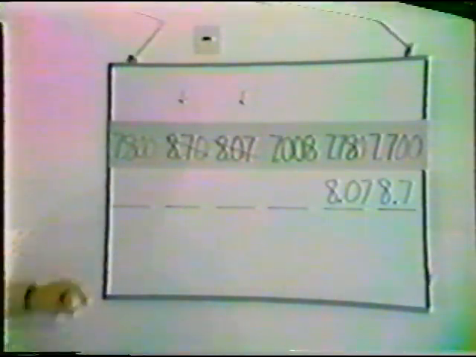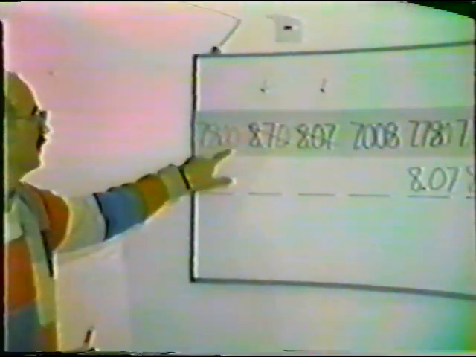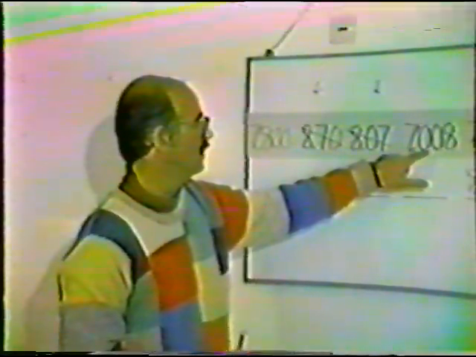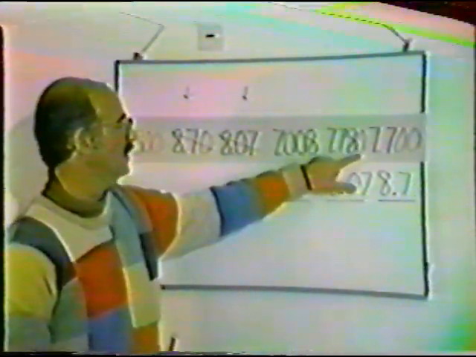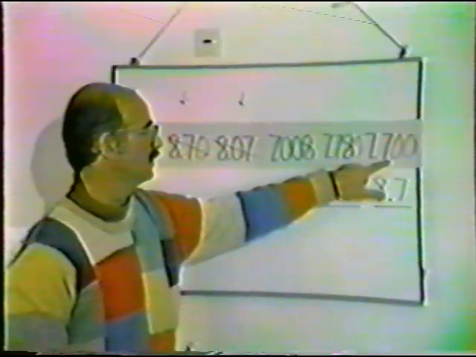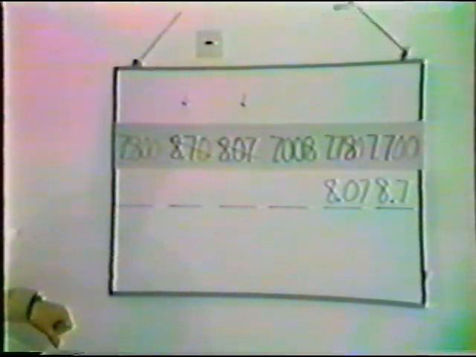How many thousandths are in this number? 800. And in this number? 8. And in this number? 780. And in this one? 700. Of those numbers you just read, which is the largest number? We can start with the 7.